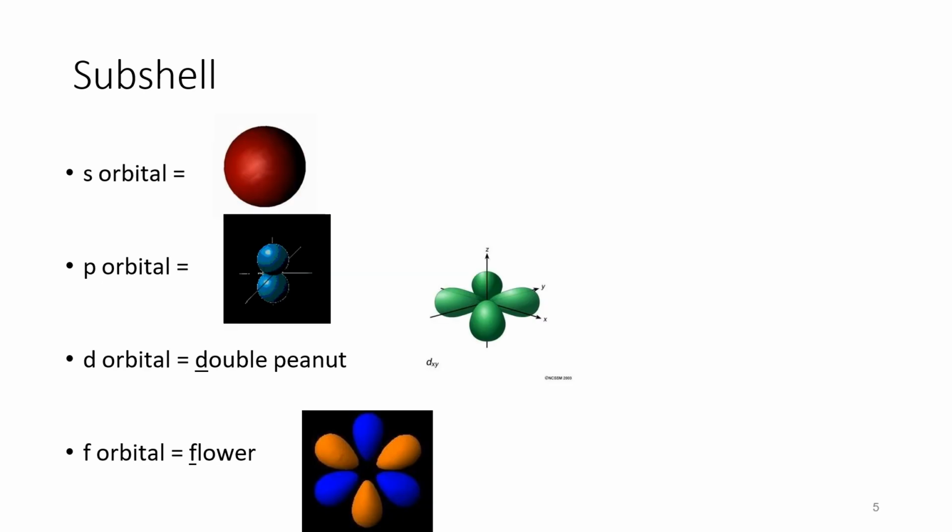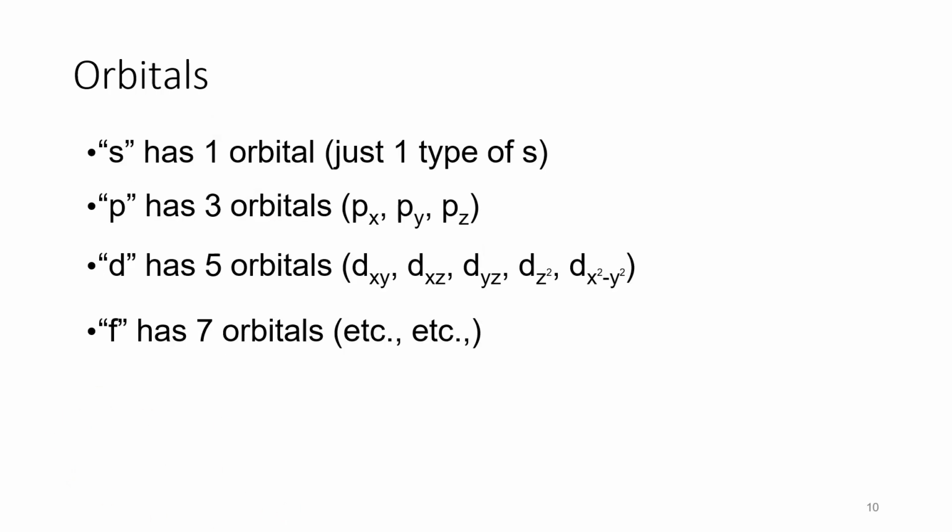Here are the 3D views of the subshells S, P, D and F. S has one orbital, P has three orbitals called X, Y, Z, D has 5 orbitals, and F has 7 orbitals.